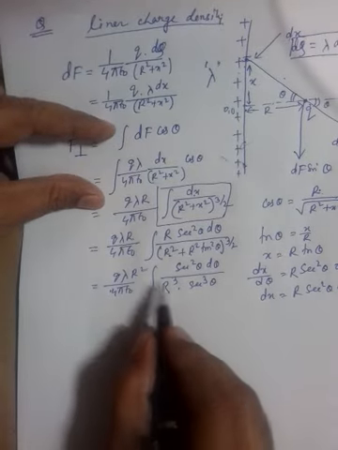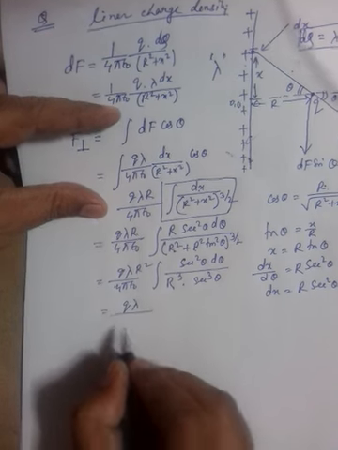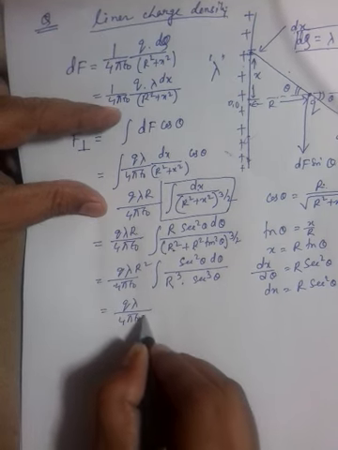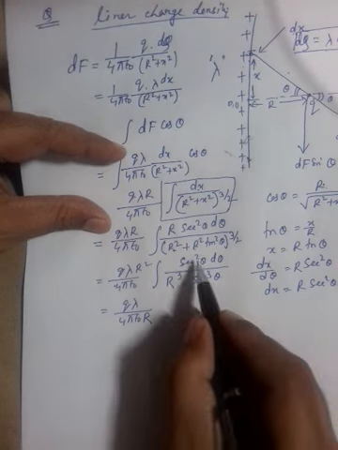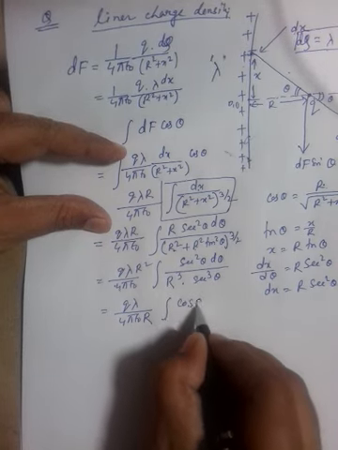Okay, r³ and r² simplification is possible. It is qλ/(4πε₀r) times sec²θ by sec³θ, meaning 1 by sec θ. So it is cos θ dθ.